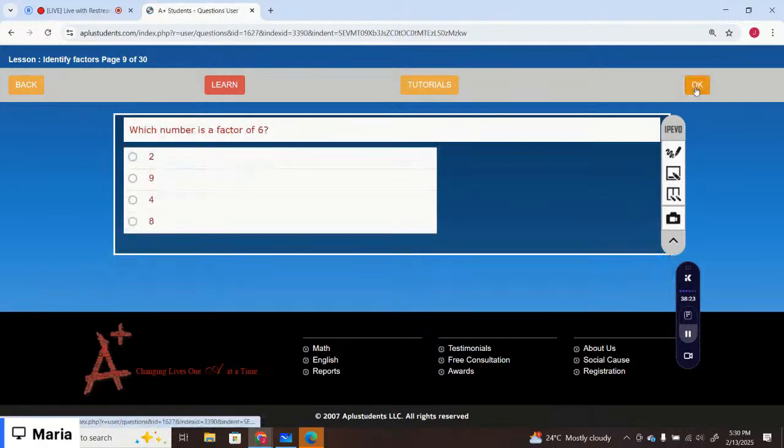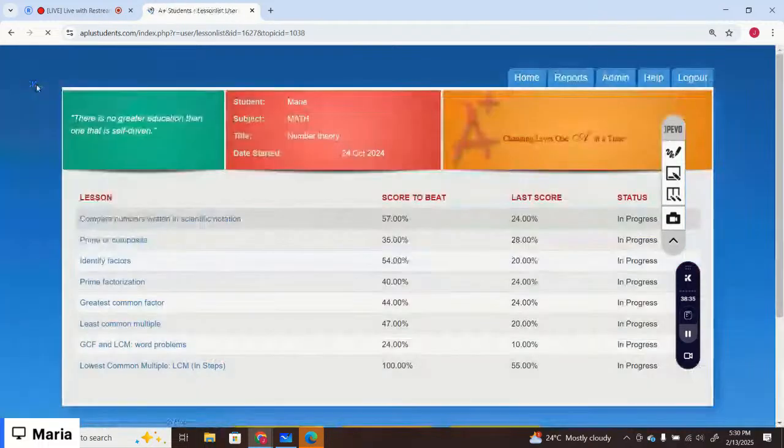Okay, you can complete the lesson by yourself later today. Let me just move on to the next lesson. The next lesson is prime factorization. Let's start with the lesson.